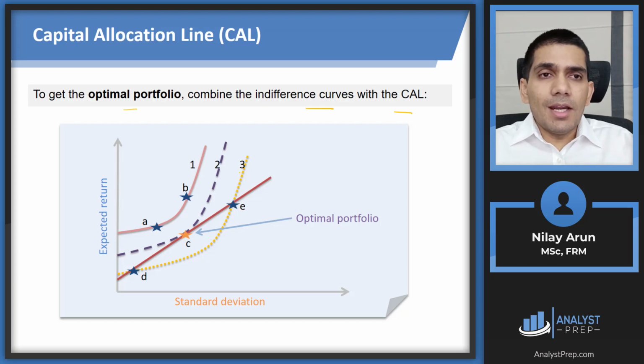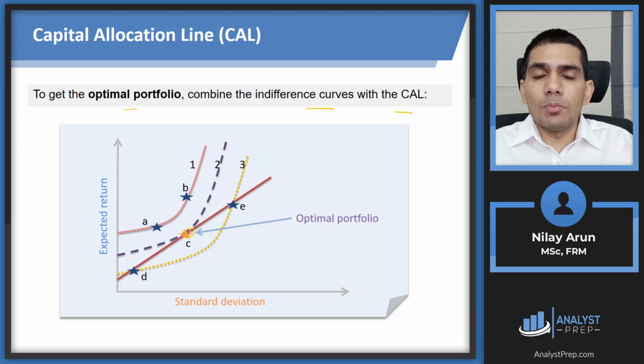So these are the indifference curves that we have. Which will be the optimal portfolio in this case? You have the original capital allocation line. Remember, the problem was where exactly on the capital allocation line is the investor going to actually invest? What is optimal for him? That is going to be the point where your CAL is tangent to the indifference curve.